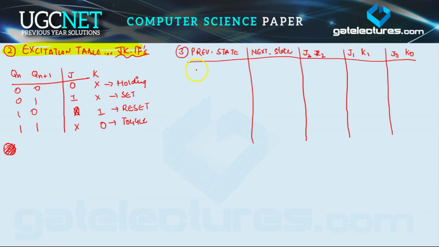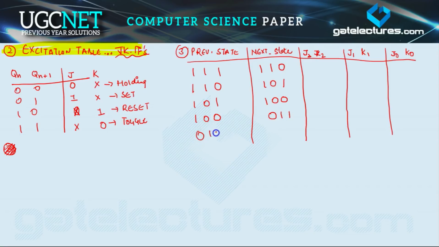So previous state is 1, 1, 1 and the next state is 1, 1, 0, right? If the previous state is 1, 1, 0, then the next state is 1, 0, 1. If the previous state is 1, 0, 1, next state is 1, 0, 0. If the previous state is 1, 0, 0, this will be 0, 1, 1.